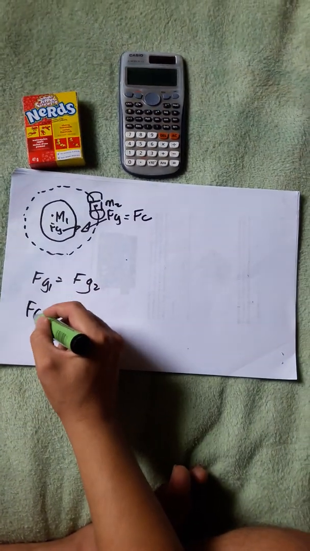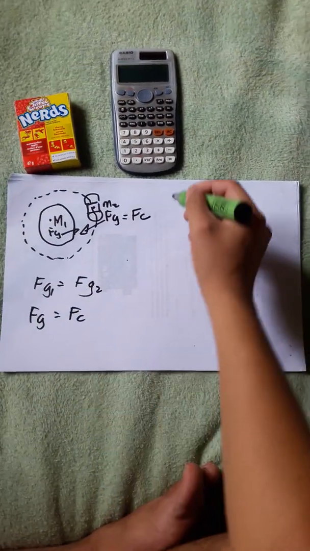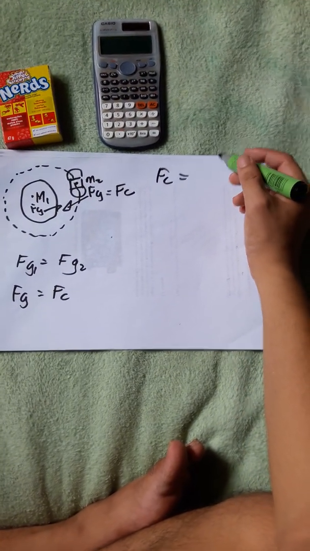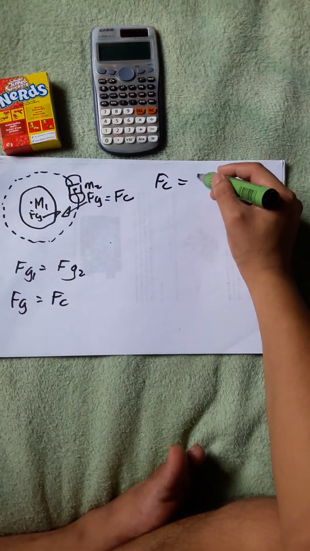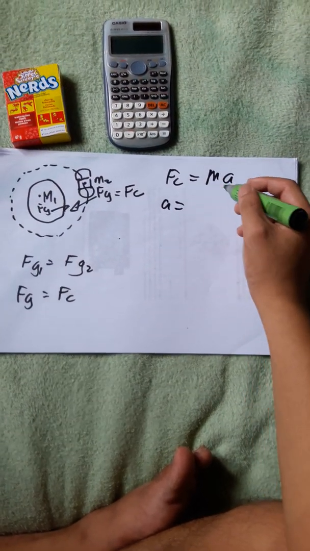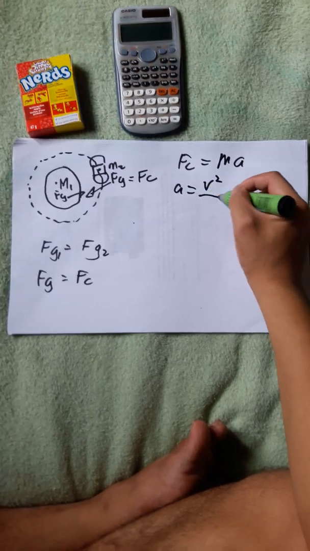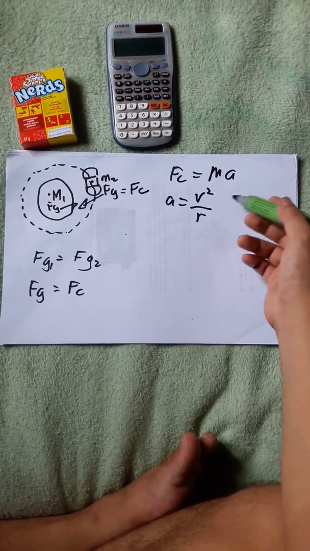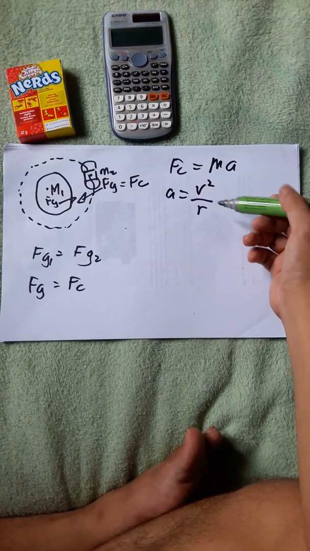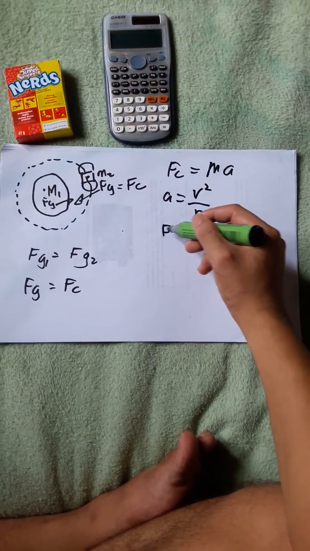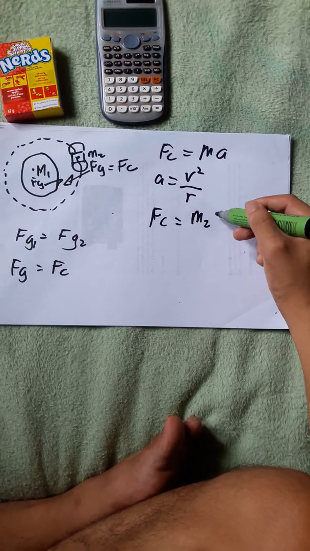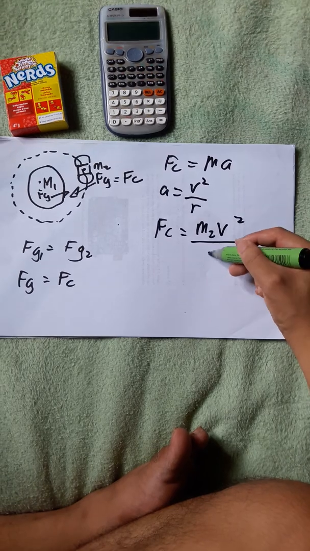So Fg is equal to Fc, where Fc, using the second law of Newton, F is equal to M A, and A is equal to V squared over R, because acceleration of an object moving on a circular path is this formula. So we come up with the formula of Fc, which is M2 V squared over R.